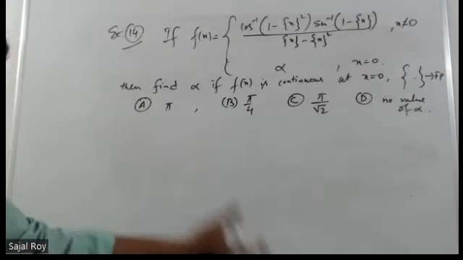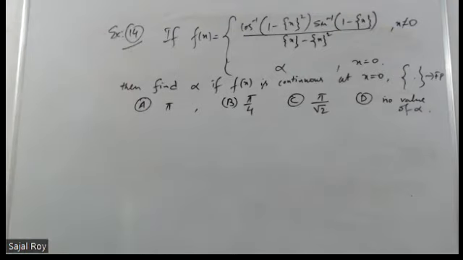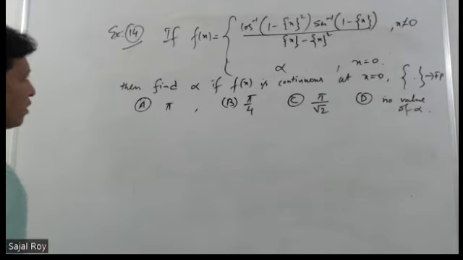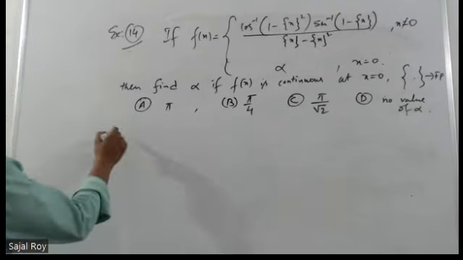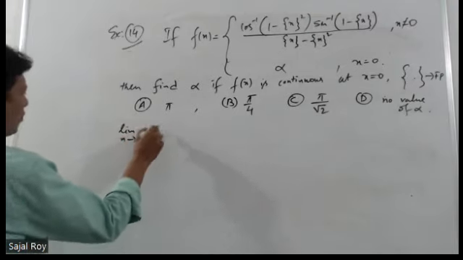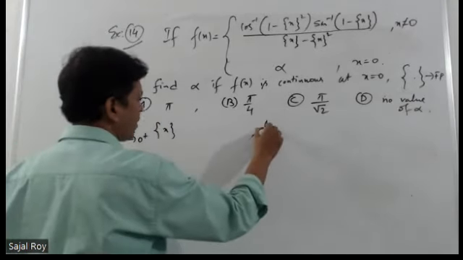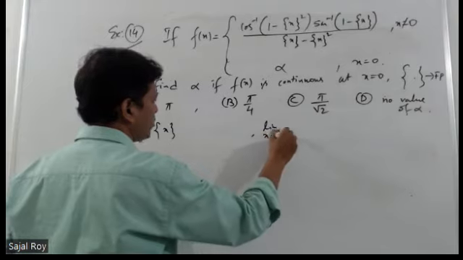This is the latest question. First of all, check at x equal to 0. So first you check, as x tends to 0 plus, what will be the fractional part of x, and check the values as x tends to 0 minus.